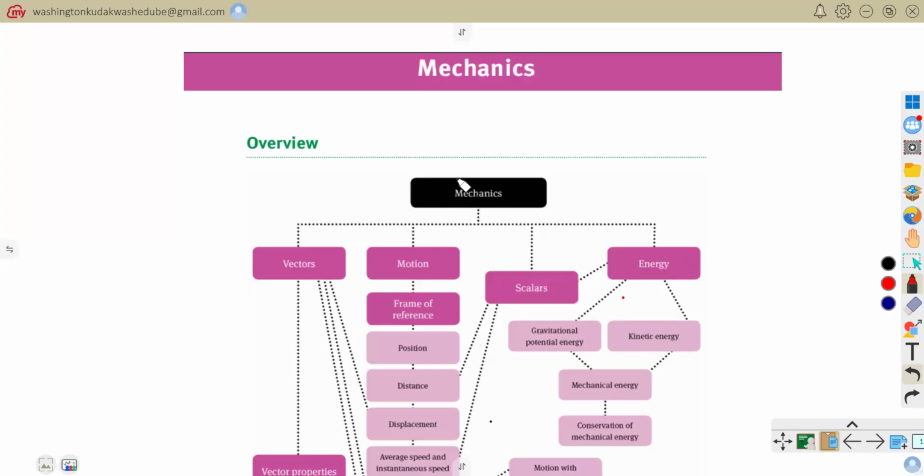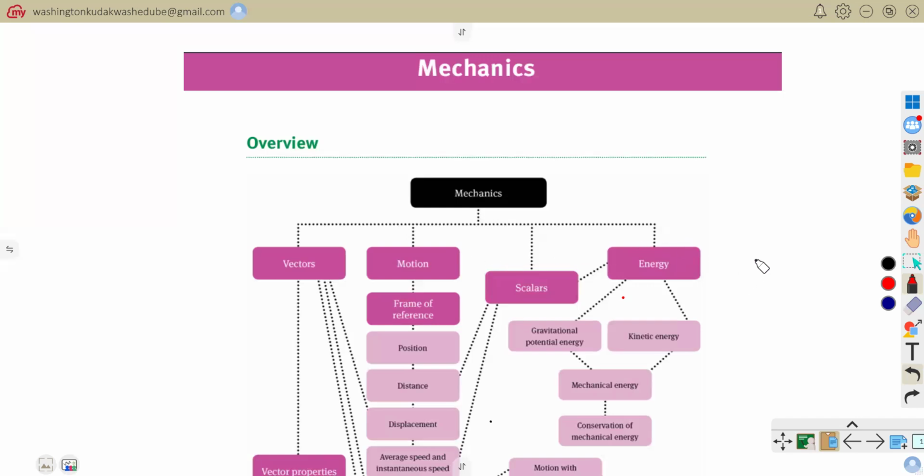So this topic houses subtopics within it. For example, on your grade 10 syllabus, you have vectors and scalar quantities, then motion in one dimension, and then mechanical energy.